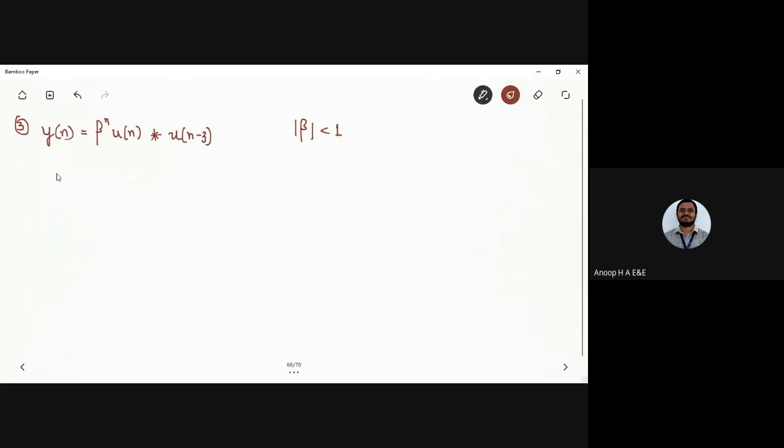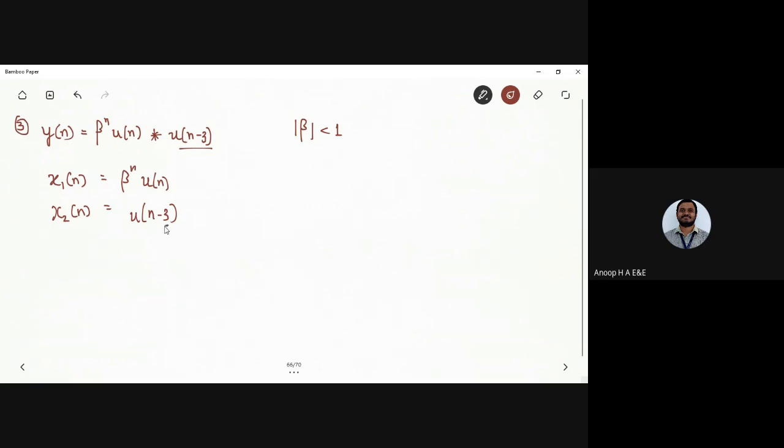So I have x1 of n and x2 of n. Certainly, x1 of n you can generally keep in k terms easily, and the next term, u of n minus 3, is the one where you need to do the time convolution. It's quite simple to solve.